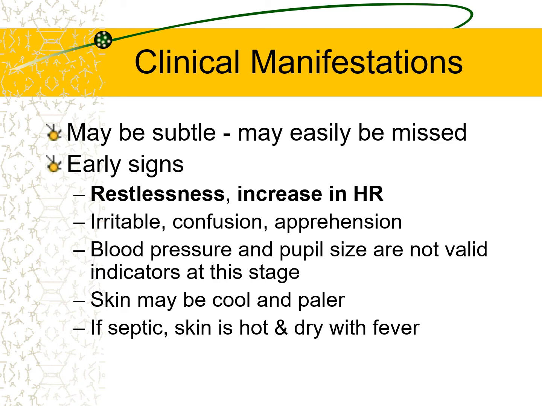And certainly, pupil size has nothing to do with shock, okay? So if that's what you ever thought, make sure you eliminate that from your thought process, because shock has nothing to do with pupil size, nothing, all right? That's a neuro issue, and we're talking perfusion.